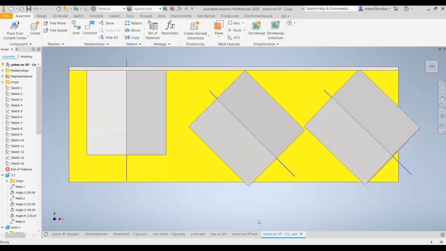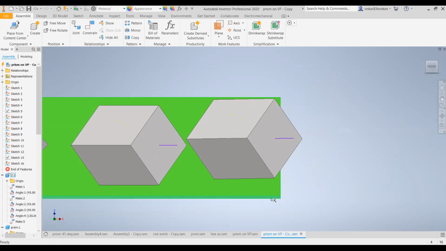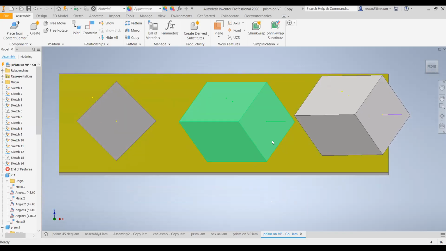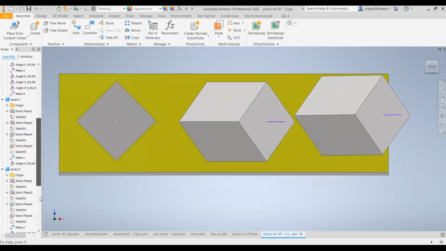Okay. Now observe from this direction. So this is the observer. So from the front view, this is the projection. Okay. So you can observe how the front view will change if I rotate.